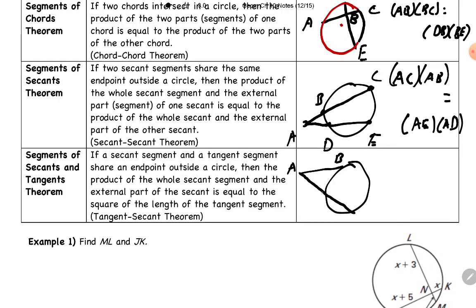A, B, C, D. This one would be AB squared is equal to AC times CD. So the tangent times itself is equal to the two parts of the secant multiplied together. So let's look at a couple of examples.